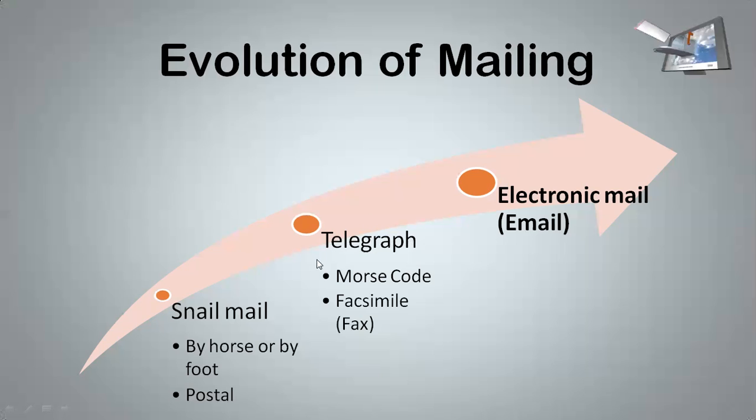Then the telegraph was replaced by electronic mail, simply denoted as email. Email is much faster than the older versions of communication. With email, we can send messages or information instantly to others.